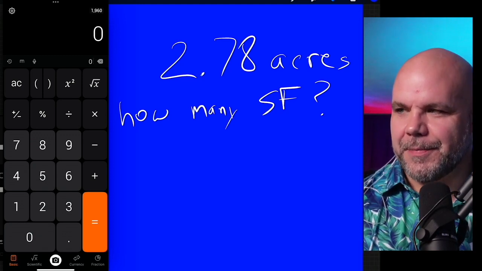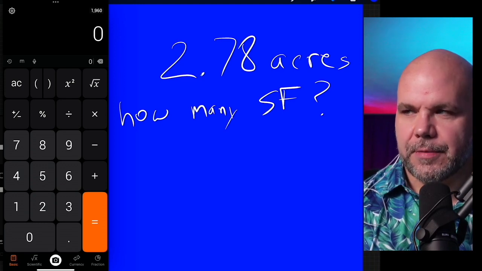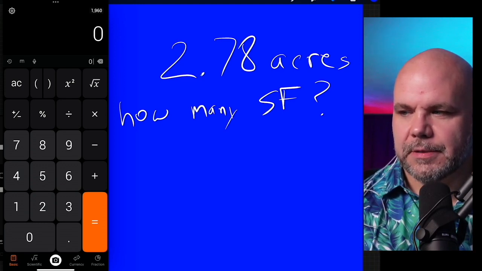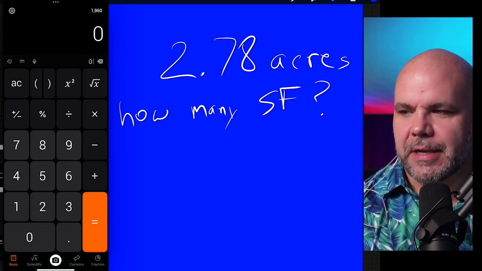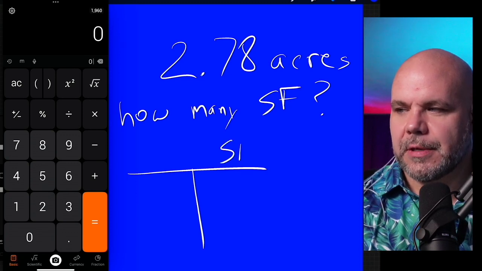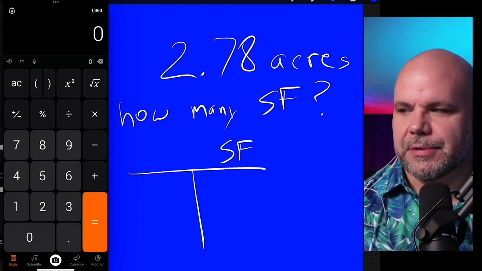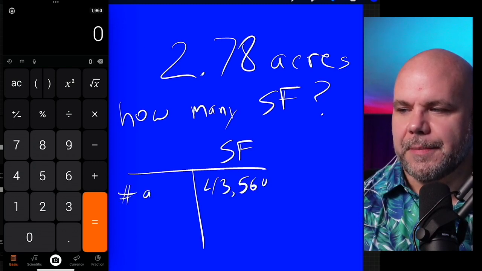Well, what do we know? We know the acres, and we also know how many square feet are in an acre. So it's just the same circle formula, if that helps you any. Remember our circle formula, where when we knew the square footage, because of the lot dimensions, that goes on top. The 43,560 goes on the bottom, and the number of acres goes on the bottom.